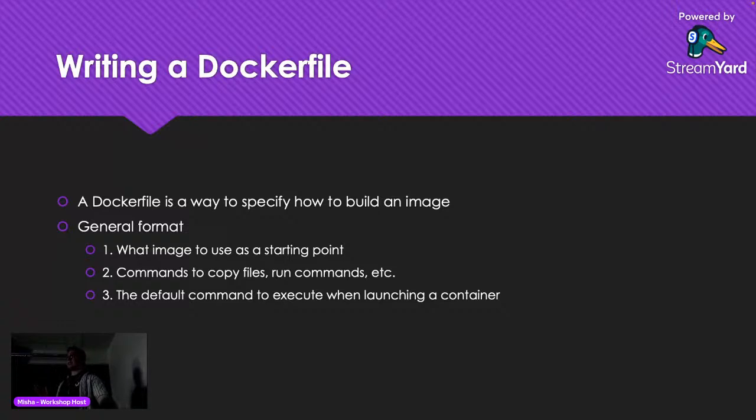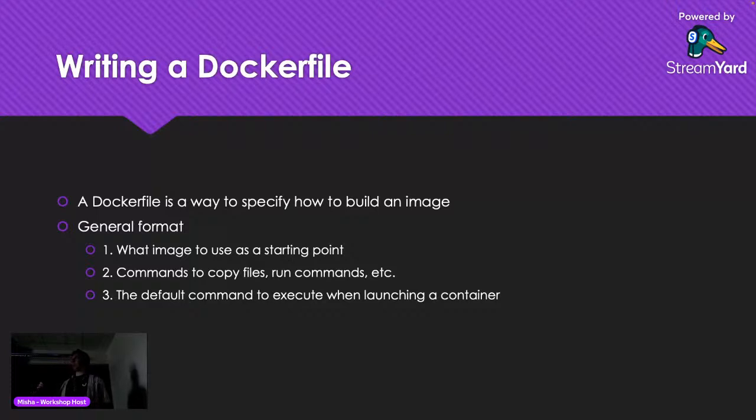And the general format is basically: here's where we start off. We're going to start off with, for example, an Alpine image or an Ubuntu, or we can even start off with the Python image. So figure out where we want the starting point to be, and then run some command instructions on it.